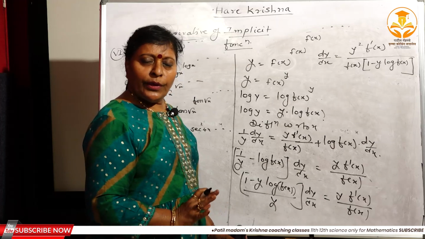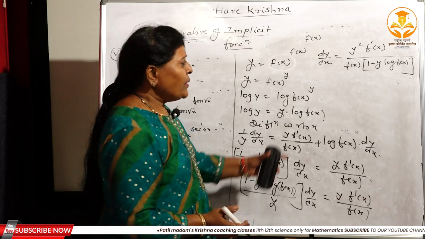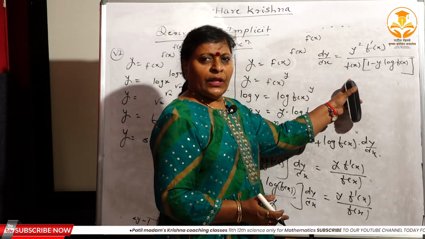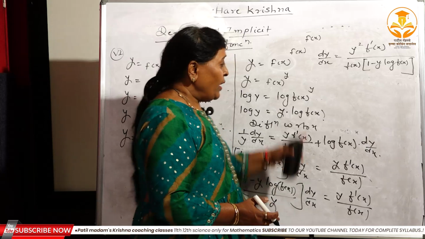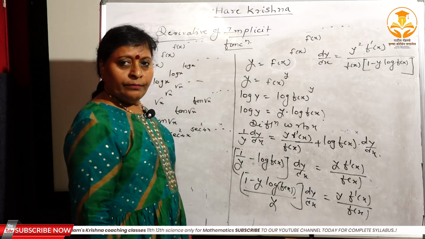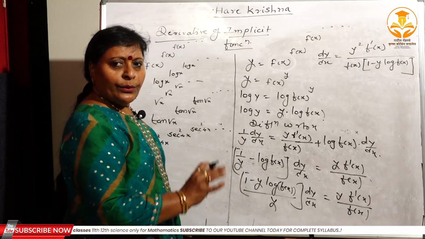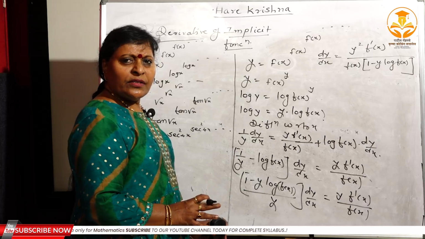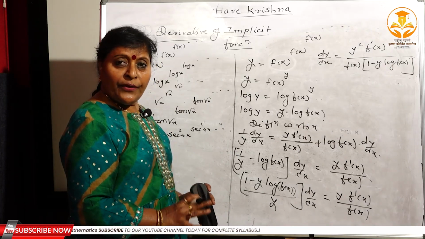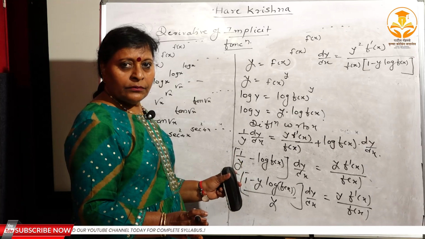Right. If you are ready to remember this formula, remember this, no objection. But since it is too lengthy, don't remember this formula, you have to remember only this method: how will you differentiate, isn't it? Once you remember this, you can do any problem. In calculus so many formulas are there, so we should not clutter our minds, people, right?